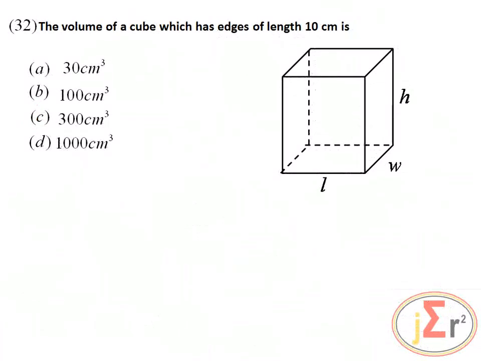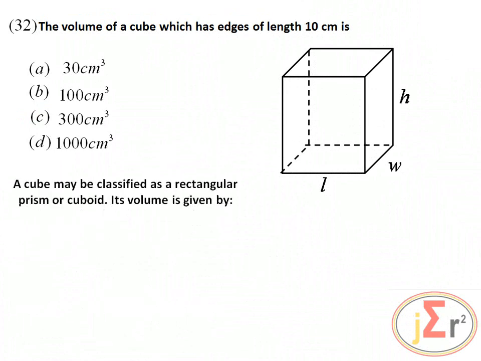The volume of a cube which has edges of length 10 centimeters is, a cube may be classified as a rectangular prism or cuboid. Its volume is given by V is equal to length multiplied by width multiplied by height.